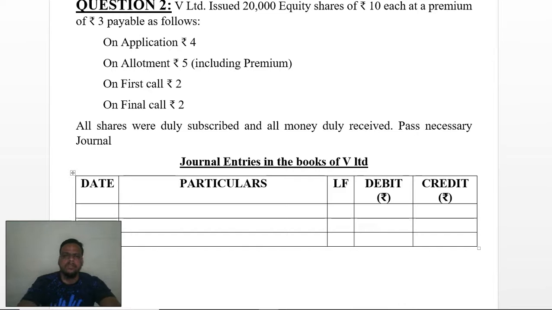Before starting this, just do a rough work so you can understand what has to be done. Working note again. In the working note we will mention everything.